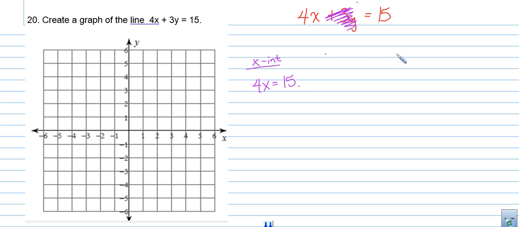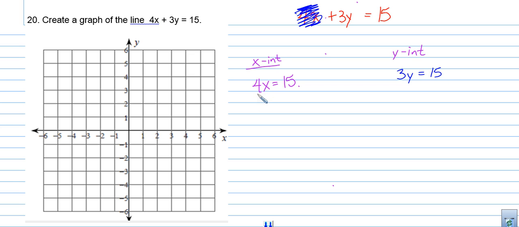And if I wanted the y-intercept, just erase this back, put it back up there, plus 3y. The y-intercept happens when there is no x, or when you put 0 for x. And so you have 3y equals 15. Okay?